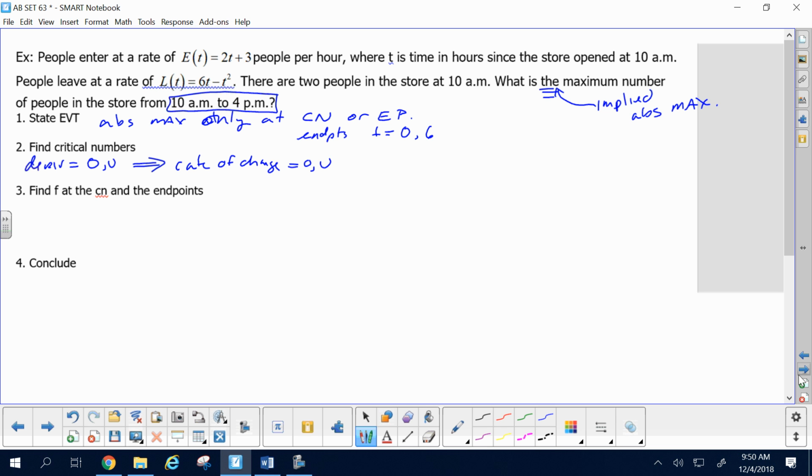In this case, what's the total rate of change? The rate at which the number of people changes depends on 2 things. What? Enter and leave. So the total rate of change is really the combination of the enter rate minus the leave rate. You could also say that I want to focus on when the enter rate equals the leave rate.